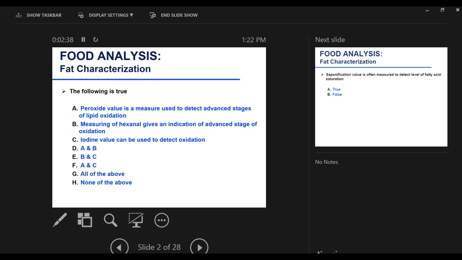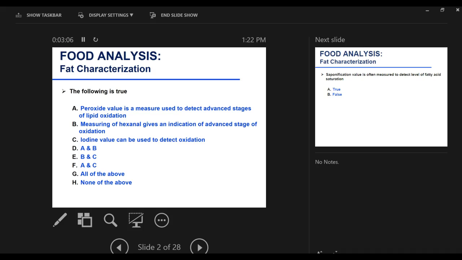Iodine value, we will learn that it is a measure of the degree of unsaturation. So the higher the value, the more double bonds there are in your lipids. And oxidation attacks double bonds. So upon oxidation, you lose double bonds, so iodine value decreases.